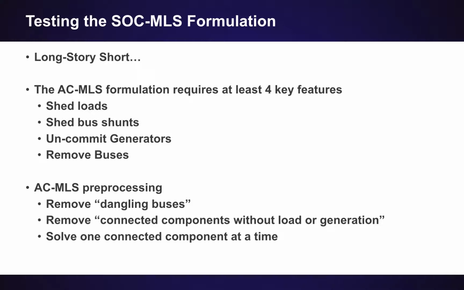So you should just pre-process those away. You should also remove connected components without load or generation before you start solving. And last but not least, it helped to solve one connected component at a time rather than solve them all together.